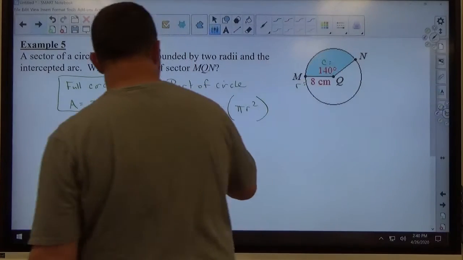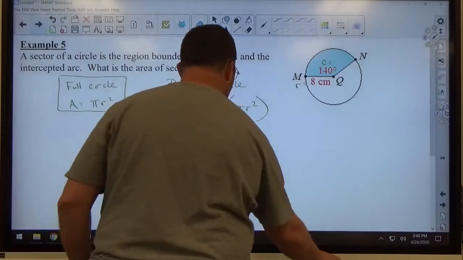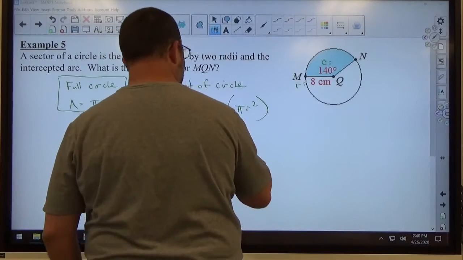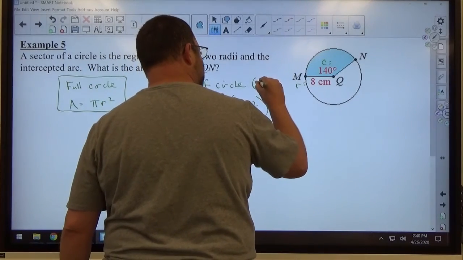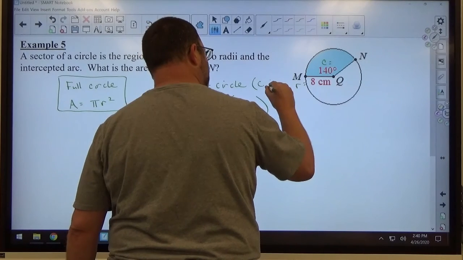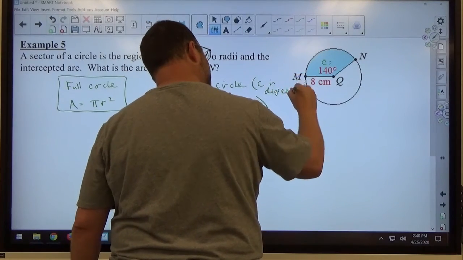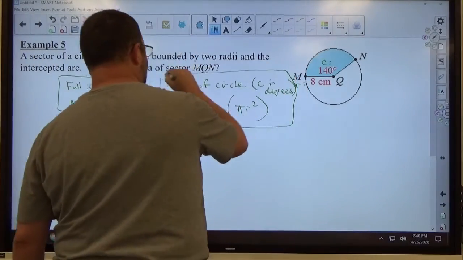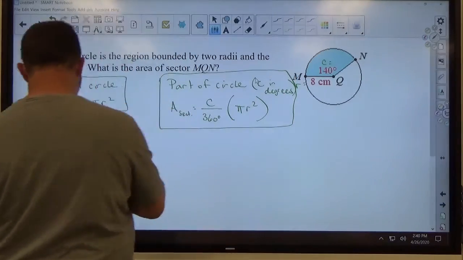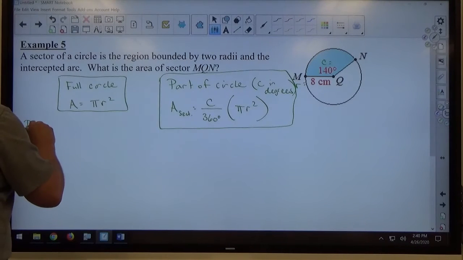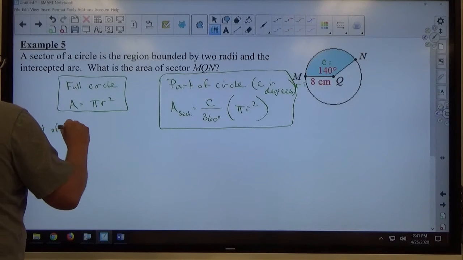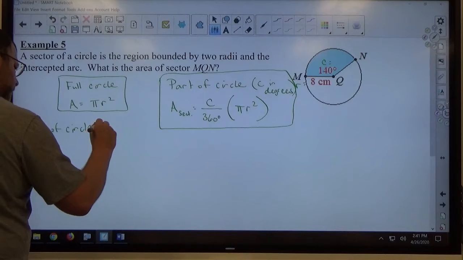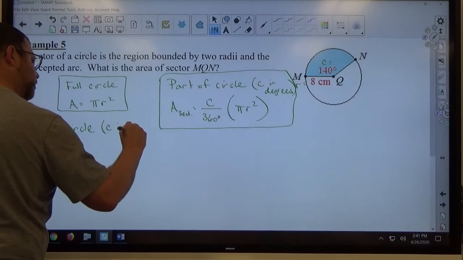I'll fill that formula out real quick just in case. So part of the circle, with C in degrees. If I wanted to do a part of a circle when C was in radians, I'll put this over here, part of circle, C in radians.